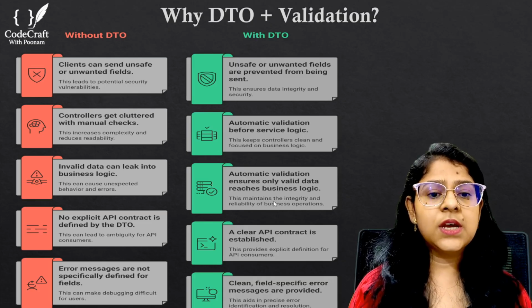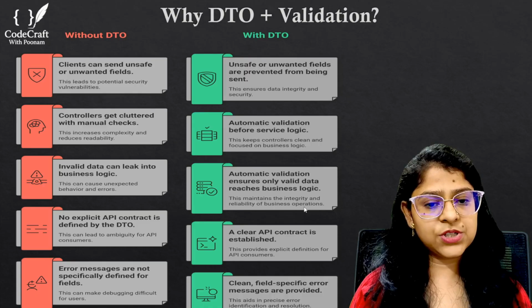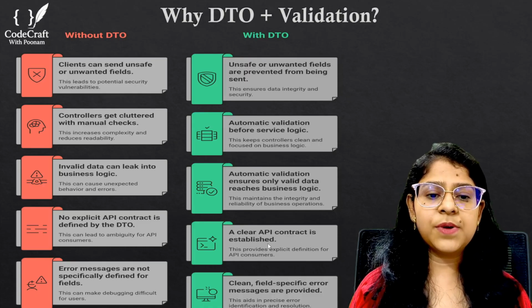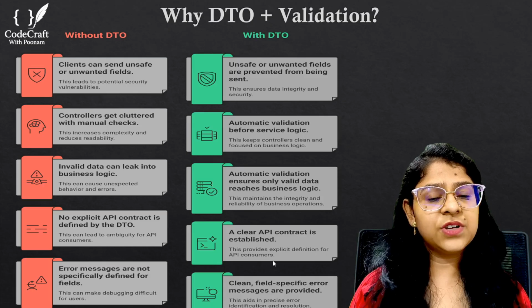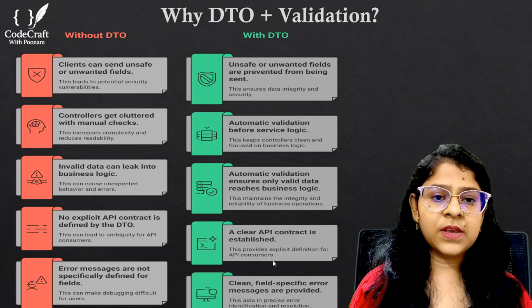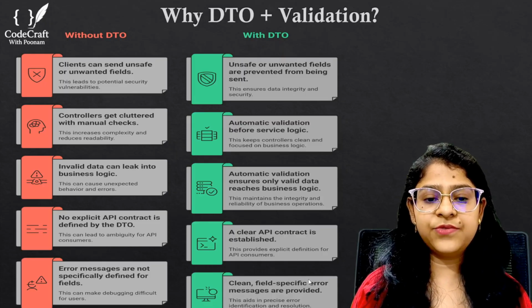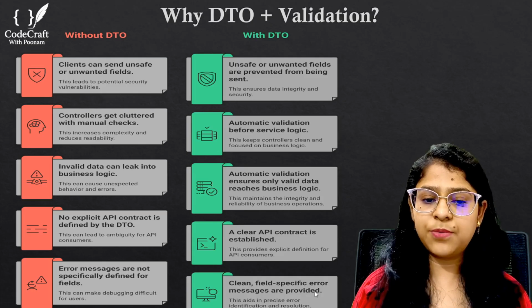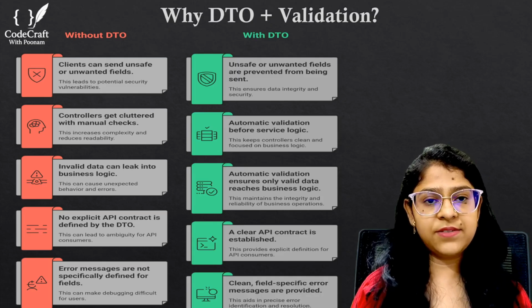So due to this, it maintains the integrity and reliability of business operations. And a clear API contract is established. Okay. So this provides explicit definition for API consumers. You will have clean field specific error messages. So this aids in precise error identification and resolution.